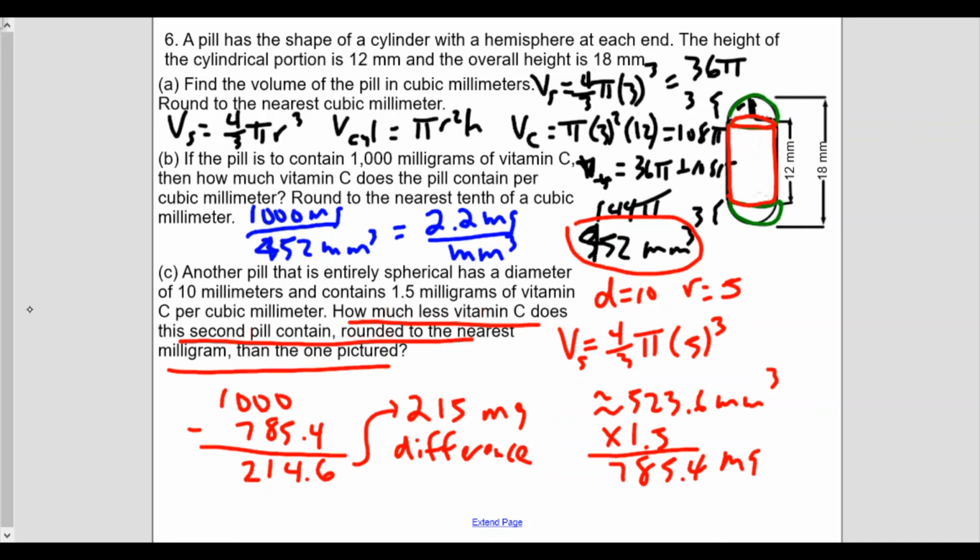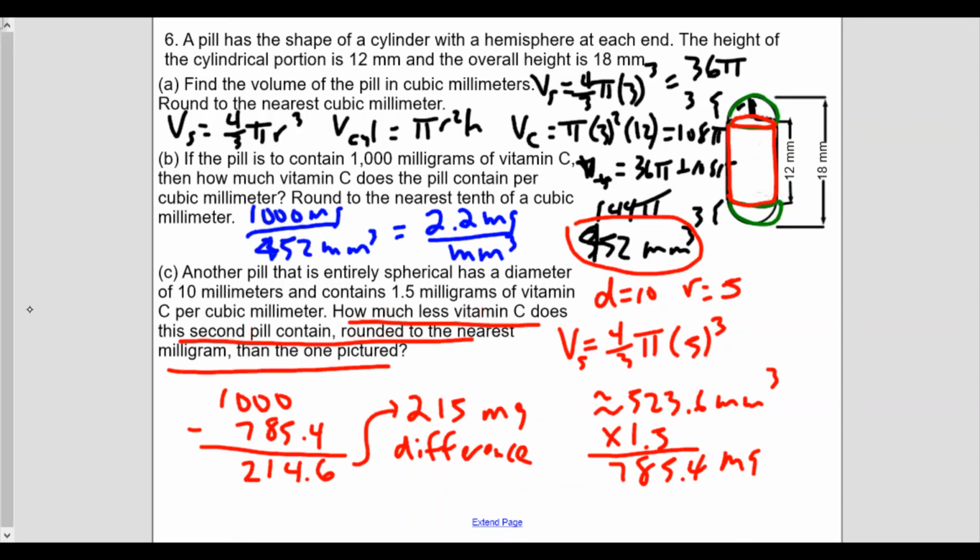Therefore, half of that would be the radius, which we found to be 3. And so now from there, we're able to figure out the volume of the sphere to be 36 pi, the volume of the cylinder to be 108 pi, total volume 144 pi, which came out to 452 cubic millimeters. And so that would be the total volume, 452.